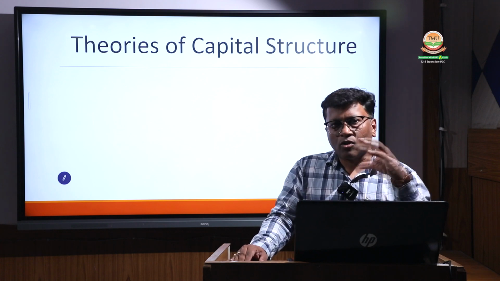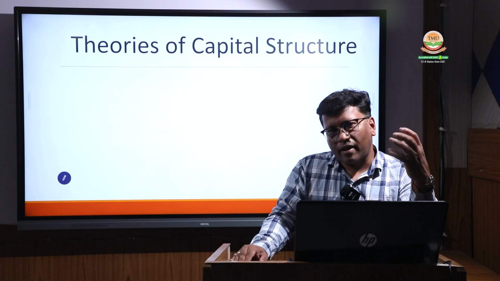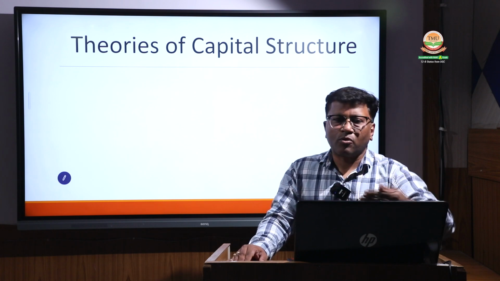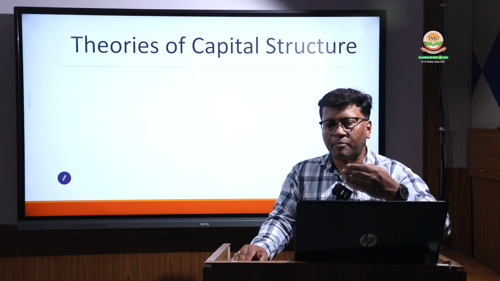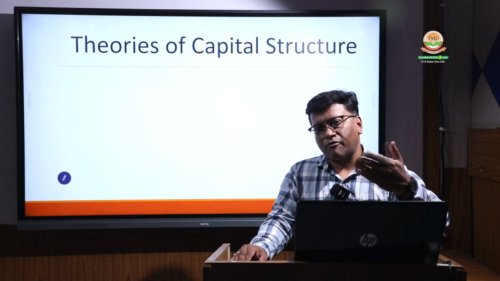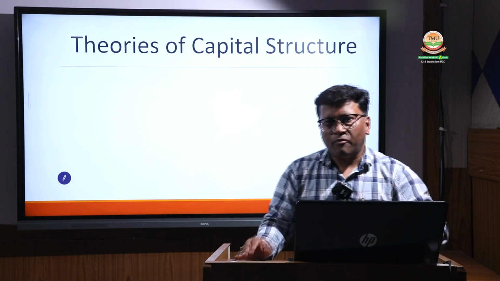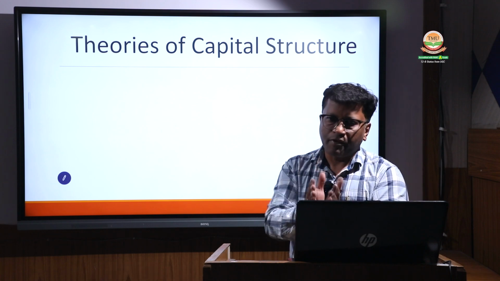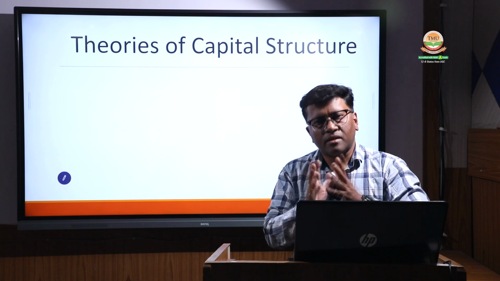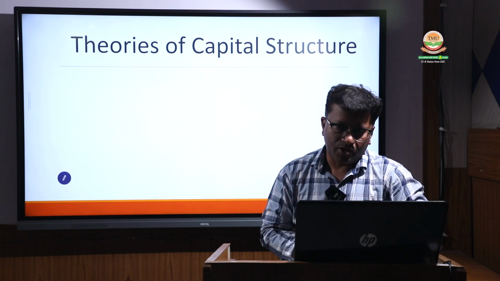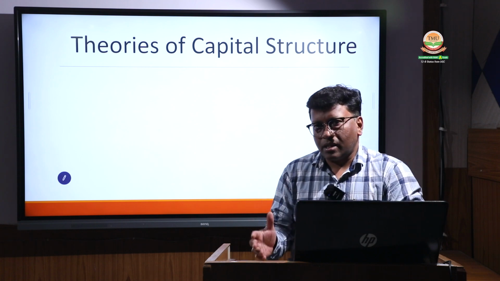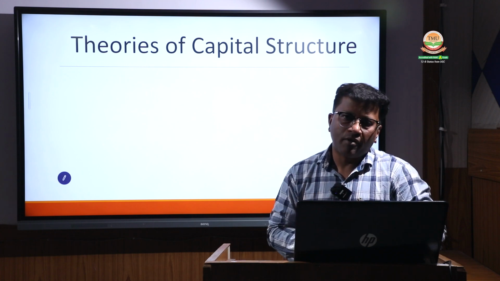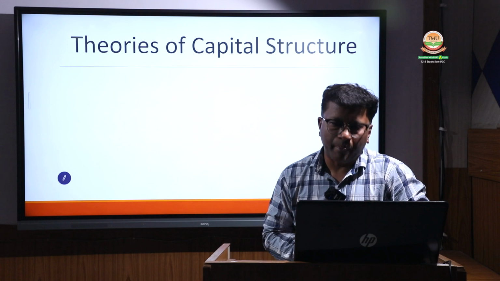So when there is a composition of different sources of finance, and there is a question of how to raise the capital, if a particular firm is raising funds from different sources, that is the composition of capital structure. Capital structure is nothing but the proportion of the different sources of fund or capital.